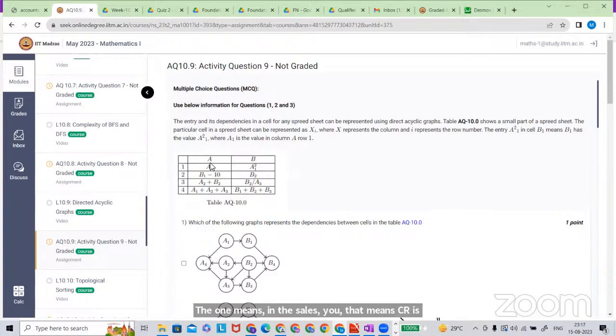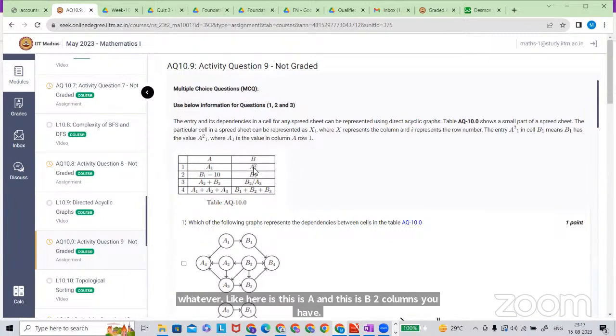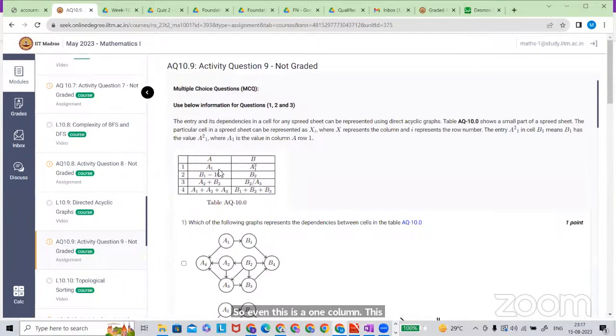So this is the A1 cell. In A1, the letter represents the column and the number represents the row. So this is in the first row, and what is that? The second column, right?